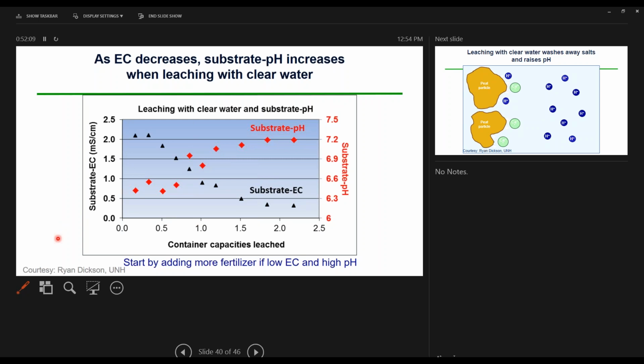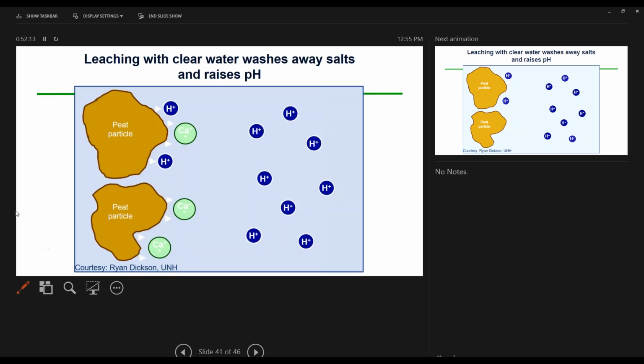And this is a slide that Ryan Dixon gave to me. He's now at the University of Arkansas. And the explanation for this is that if you leach with clear water, it's going to wash away the salts, right? So let's say we have all this acidity here, right? And then these are elements that are attached to the peat.